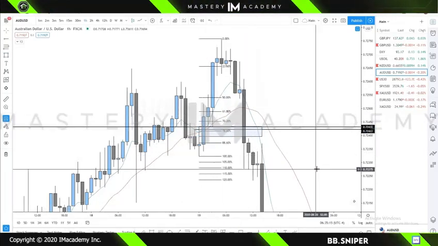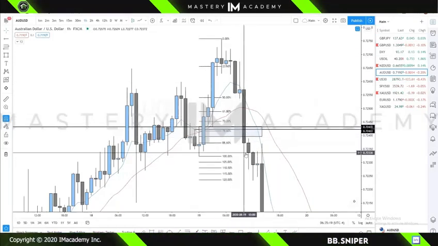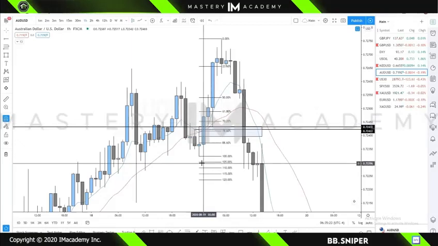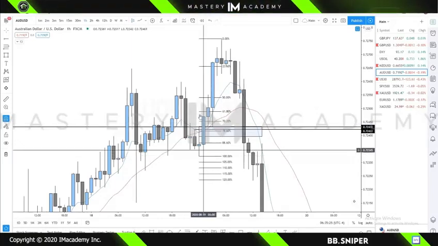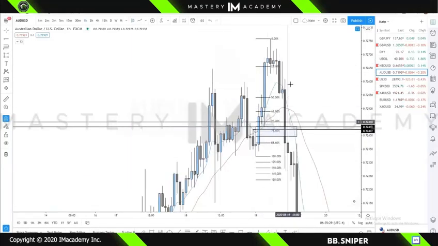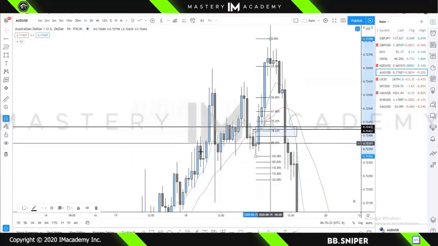Why didn't it work? I noticed that most of my losses, if you had any for the week, would come from whenever we had a lower time frame range inside of a higher time frame range. It's because they've achieved their objective and now they're seeking internal liquidity.